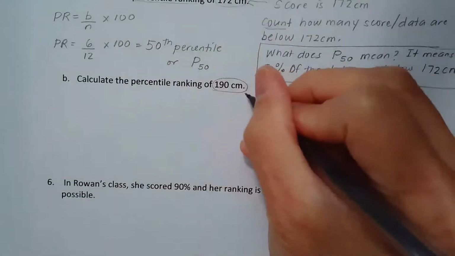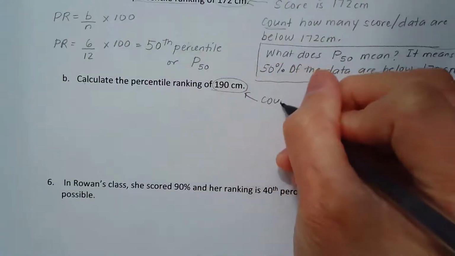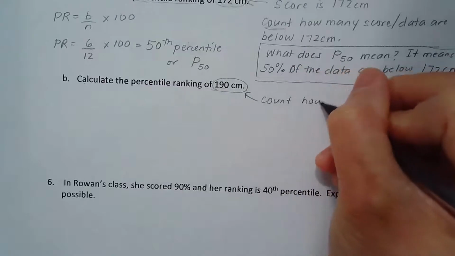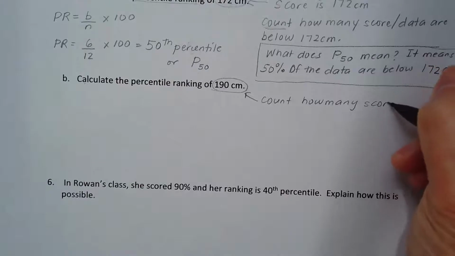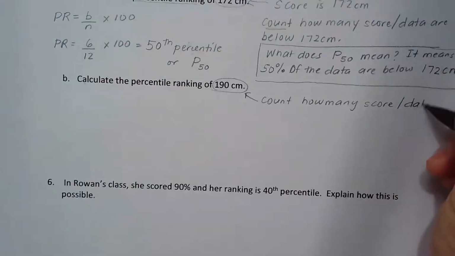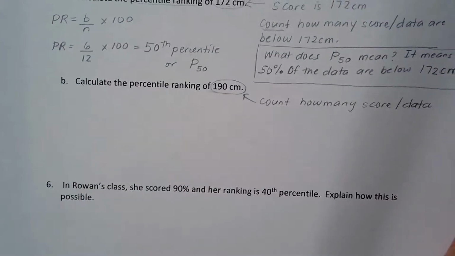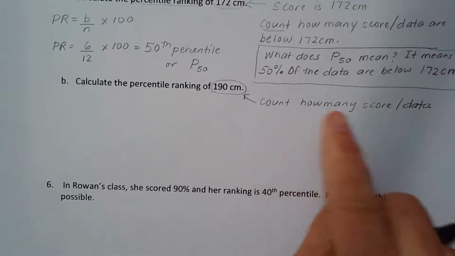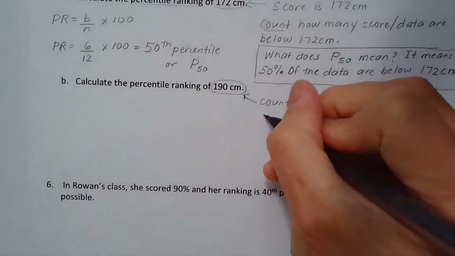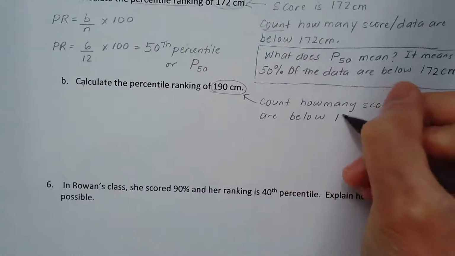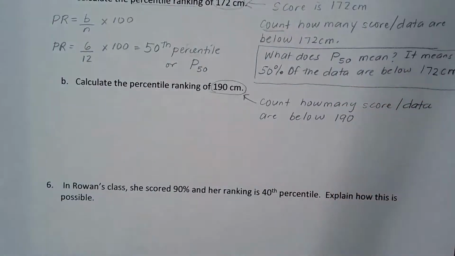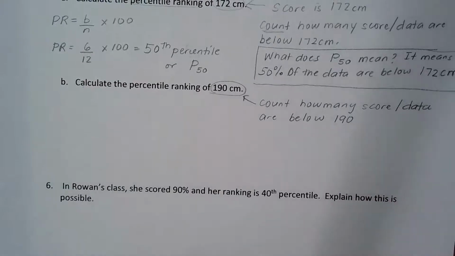We're going to count how many scores or data are below 190. Sometimes the word score is there, sometimes it's data.